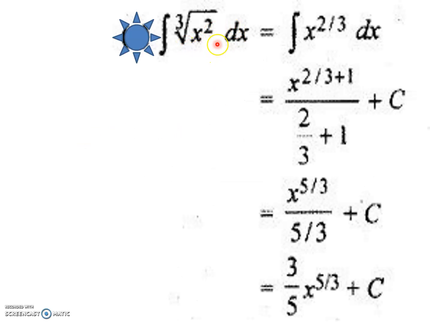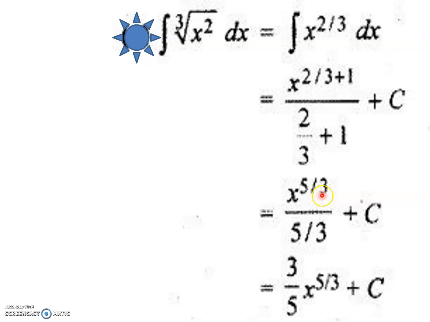Now the cube root of x square. We know that the nth root of x is x raised to 1 by n. That's why x square remains the same, with 1 upon 3, so that is 2 upon 3 is the integral. We have to know that x raised to m upon n integrates to x raised to m upon n plus 1, upon m upon n plus 1. That's why x raised to 2 by 3 plus 1 upon 2 by 3 plus 1 plus c.